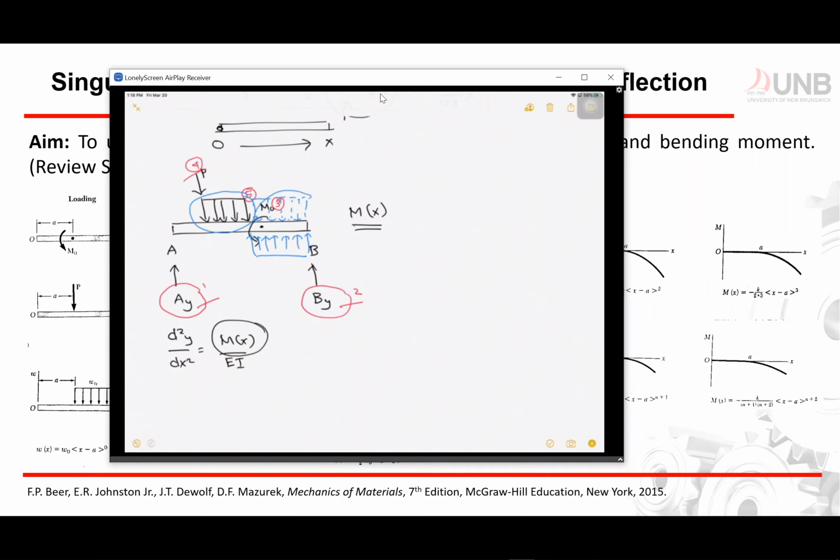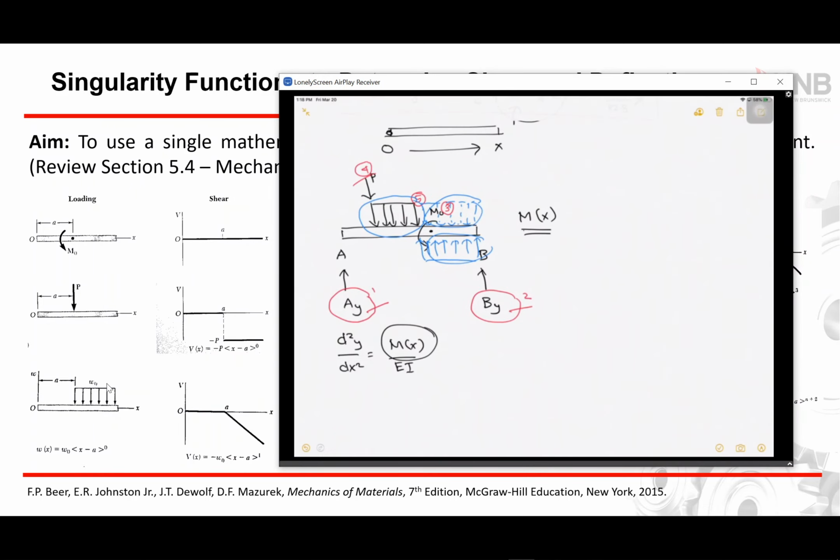Which means that if I'm going to add these two forces right here, I could use this form of my singularity functions. Again, I cannot use this one initially because my distributed load is in the center. It's not from A up to the end of your beam. But now when I added a force, I assume that this force right here extends all the way through the end of my beam. And then I added a counter force to subtract this force right here. So now I'm going to get the same type of loading condition.